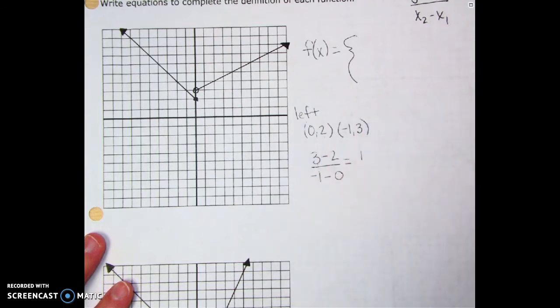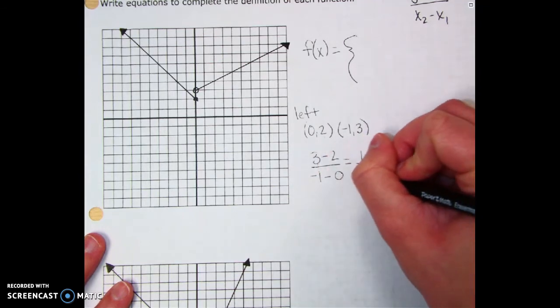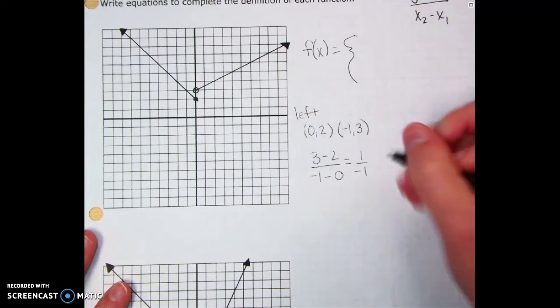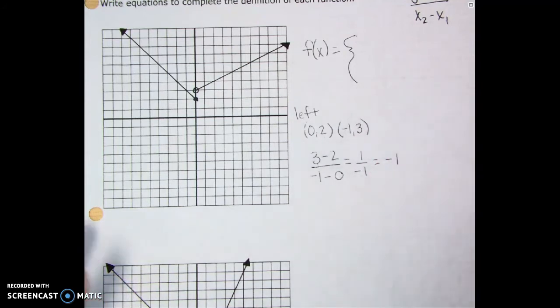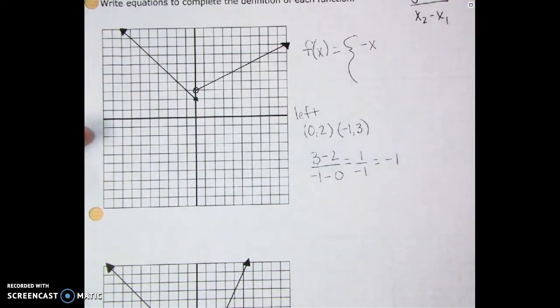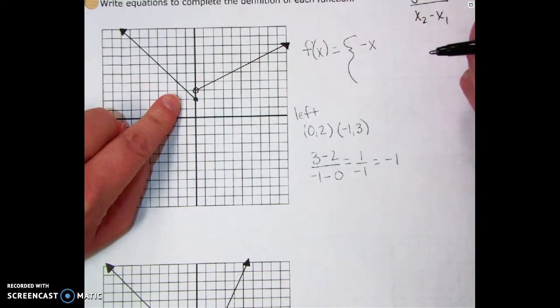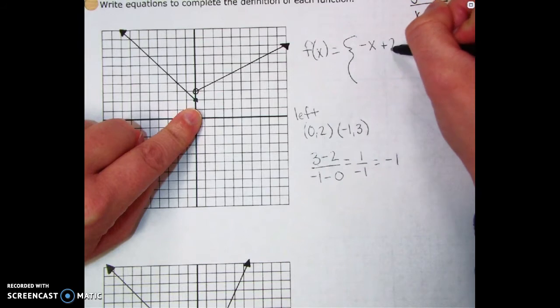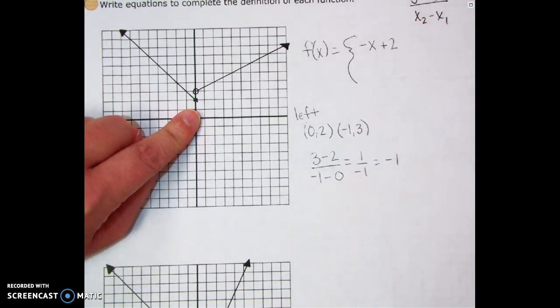What's -1 minus 0? So 1 over -1 is just -1. So that's the slope for the first line. So you can start your equation by just saying -x. And then what's the y-intercept? 2. So the equation of that line is -x plus 2.